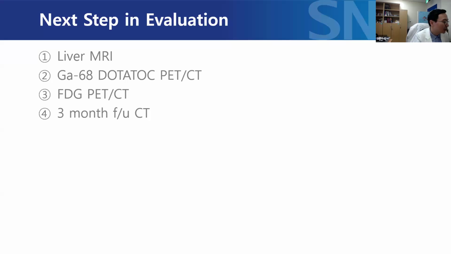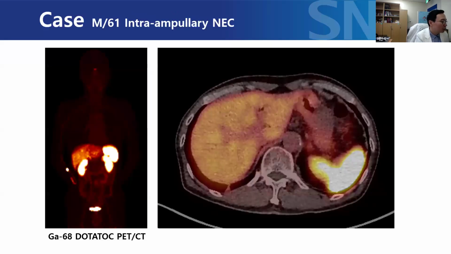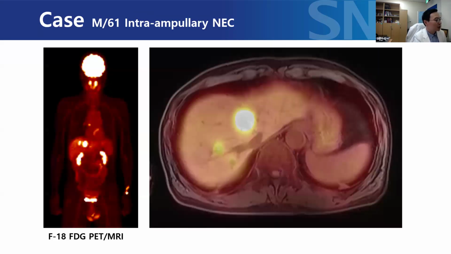In our case, firstly, DOTATOC PET was performed, but the hepatic lesions appeared largely normal or showed only faint uptake in the lesion depicted in the CT scan. However, FDG PET shows a clear intense uptake in the liver metastasis.